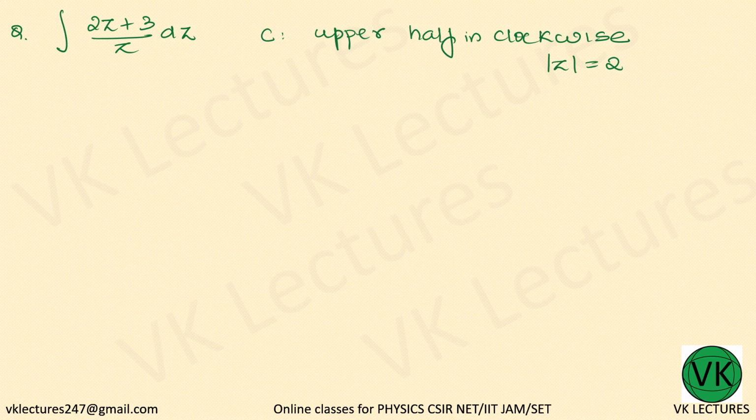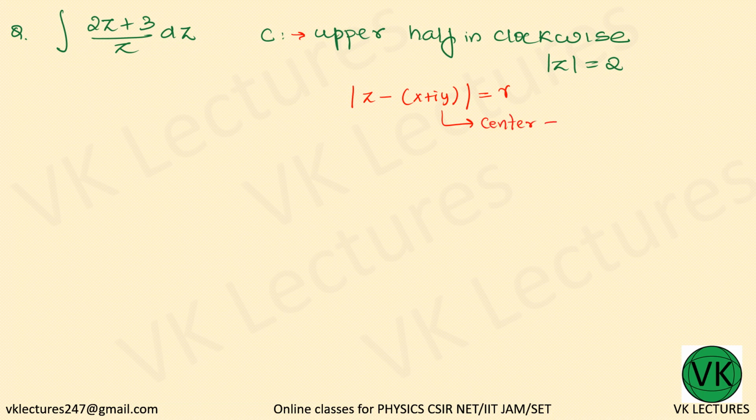Integral 2z plus 3 by z dz. The integral value is to be taken in the clockwise direction in the upper half of this circle. The circle is given as mod z equal to 2. So in general, what is the formula for a circle? z minus x plus iy equal to r, where this is the center.